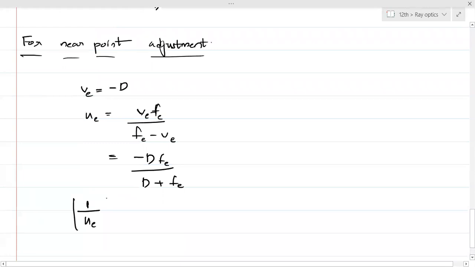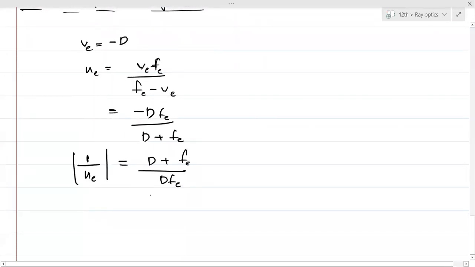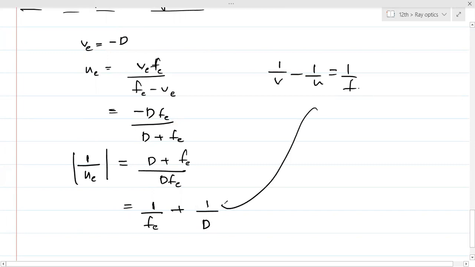The magnitude of 1 by UE would be D plus FE upon DFE. I took the mod, so I removed the minus. So this will be equal to nothing but 1 by FE plus 1 by D, right? Or else you can make use of the formula 1 by V minus 1 by U is equal to 1 by F. Ultimately you will get this.